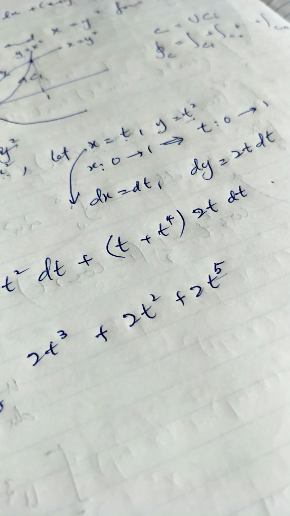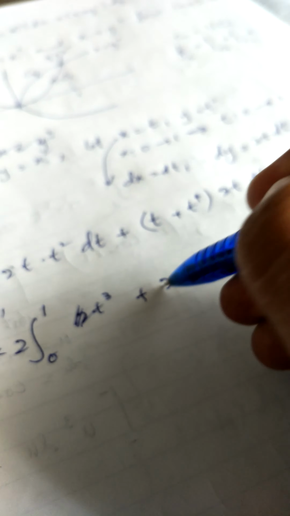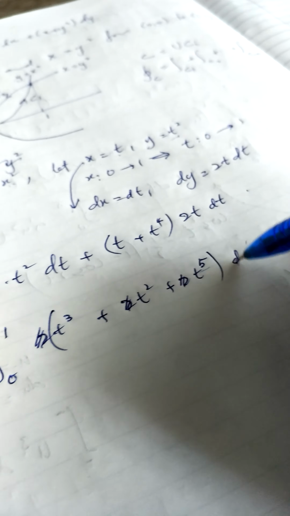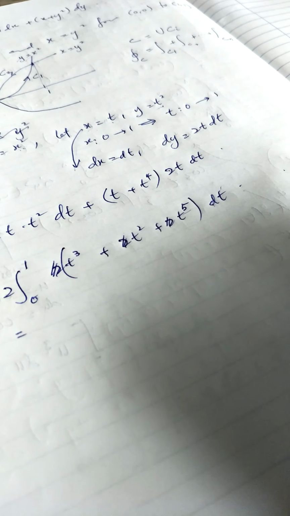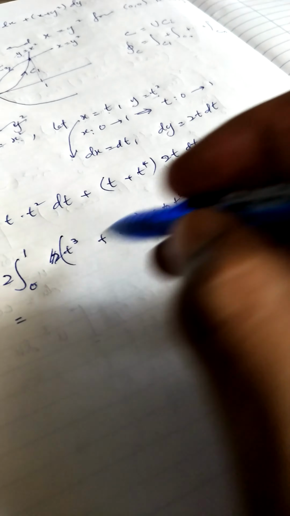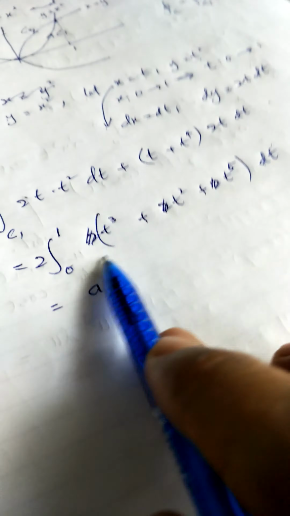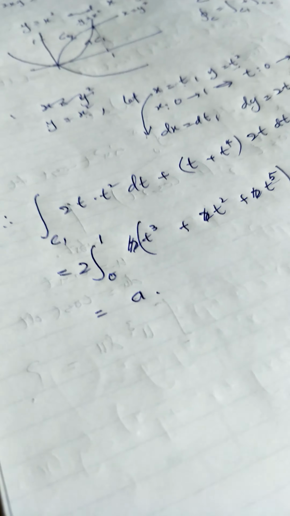Alright, so you can factor out dt. Again, you can evaluate this. I just leave it to you, whatever value. Let's call this value a. Evaluate this, find what a is.